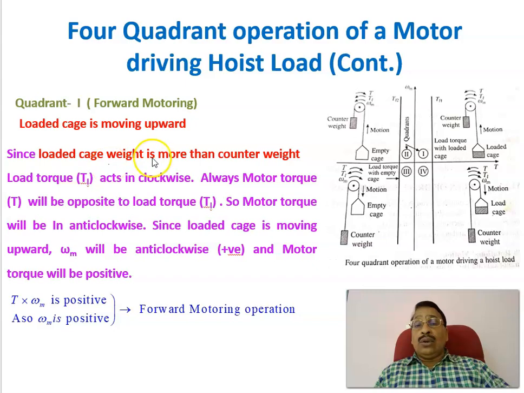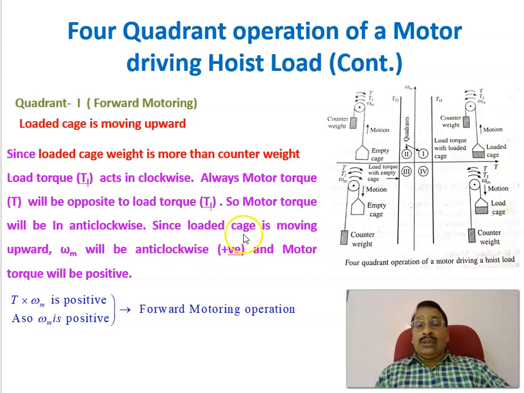Since the loaded cage weight is more than the counterweight, the load torque TL acts in the clockwise direction. Always the motor torque will be opposite to the load torque. Therefore, the motor torque will be in the anti-clockwise direction.